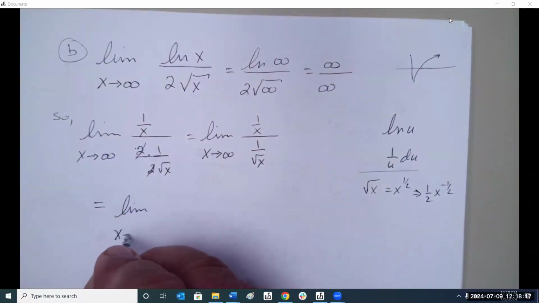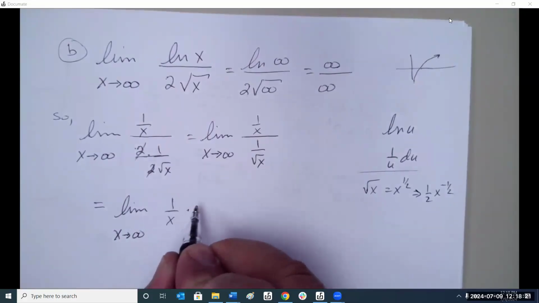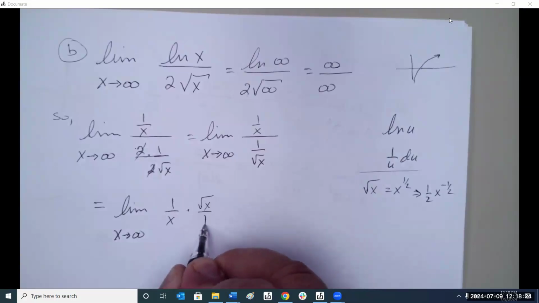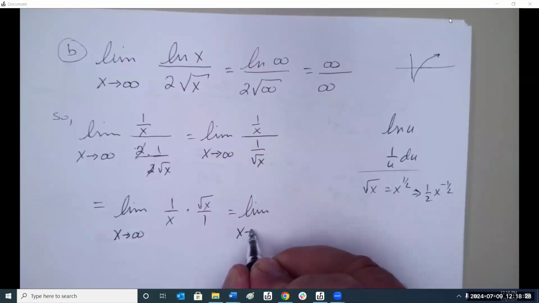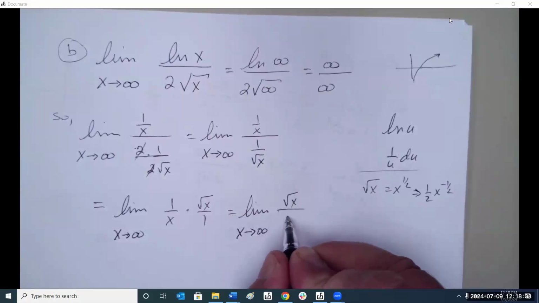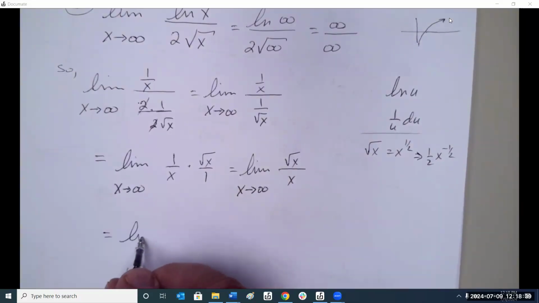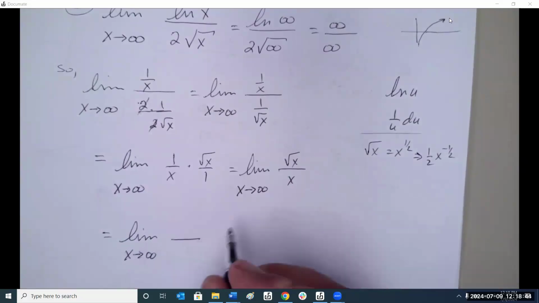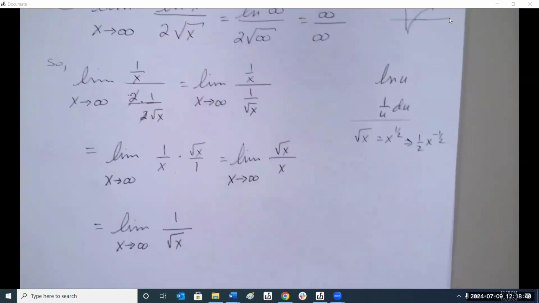The limit as x approaches infinity. Take the top fraction, leave it alone, multiply by the reciprocal of the bottom. So we get square root of x over x, which leads us to one over square root of x.